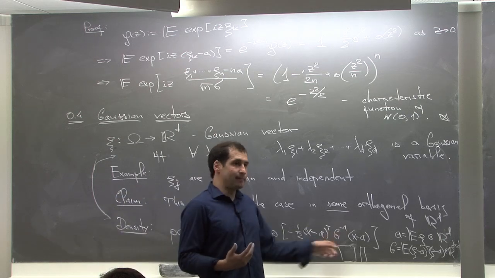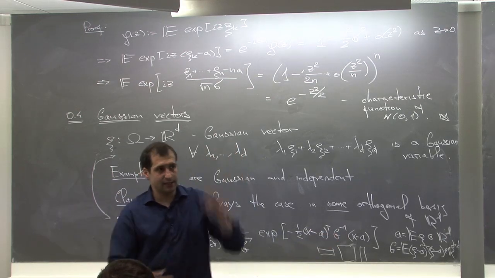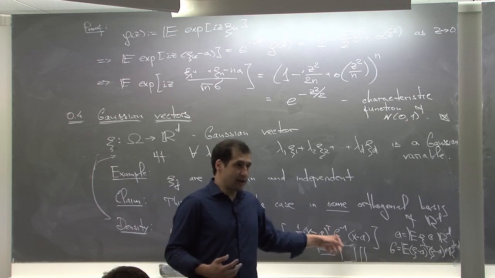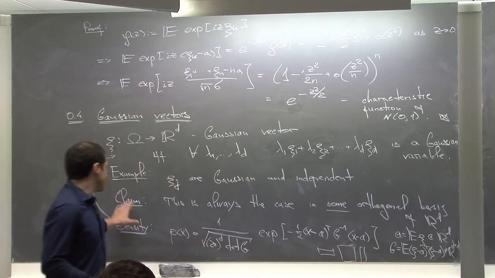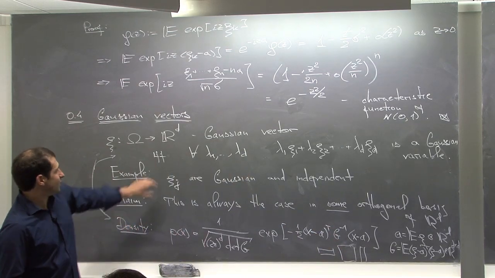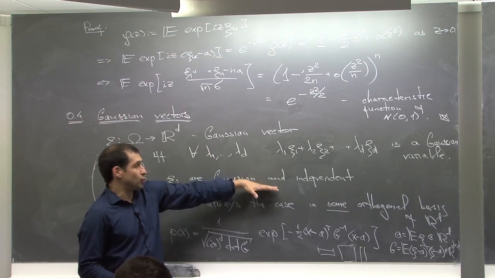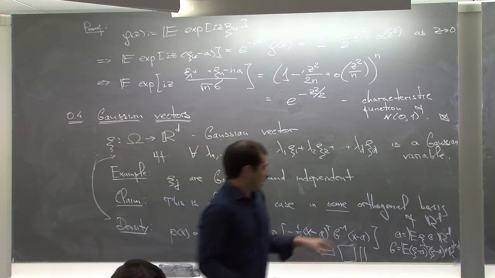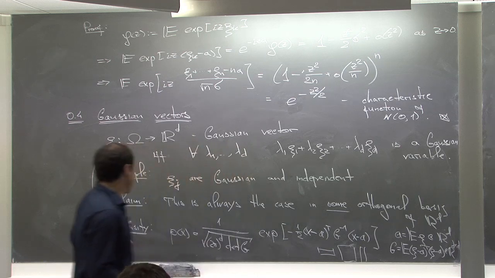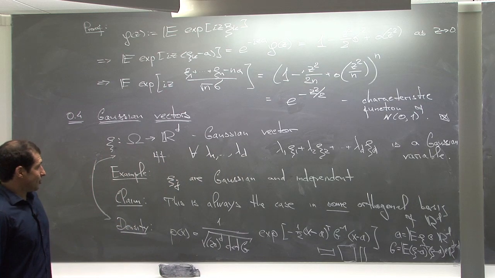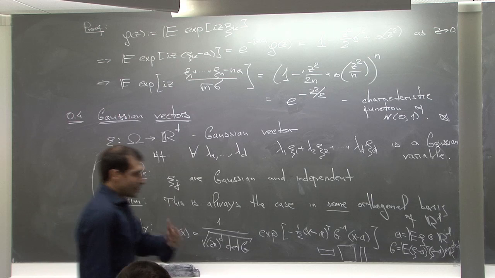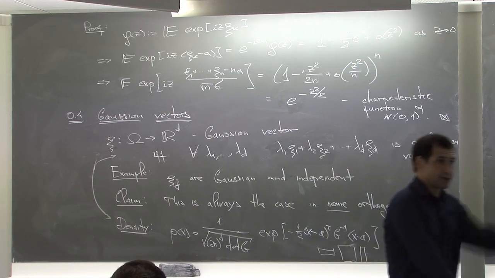For any such matrix G, I can find a basis such that it has a diagonal form. And then it is an exercise to prove that indeed we are back to this construction with independent Gaussians. This is mentioned in the set of exercises. So if you are not very familiar with this for some reason, then you have an opportunity to discuss.